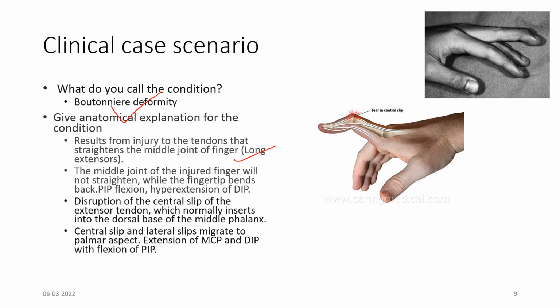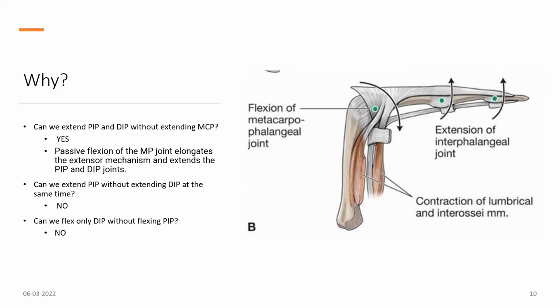So there will be extension at the metacarpophalangeal joint and the distal interphalangeal joint. Then there is flexion at the proximal interphalangeal joint. This is the explanation for the clinical case, which is known as the quaternary deformity.